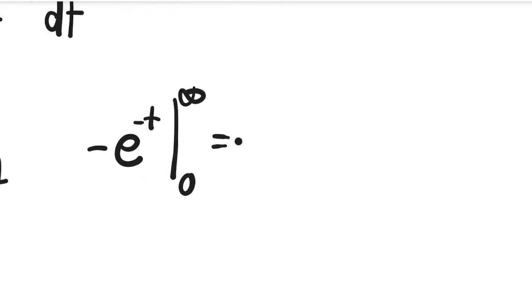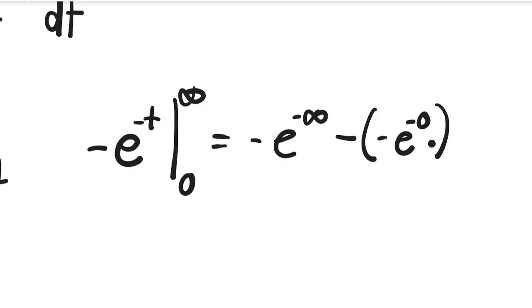This will be minus the limit of e to minus n as n approaches infinity, which goes to 0, plus e to minus 0.